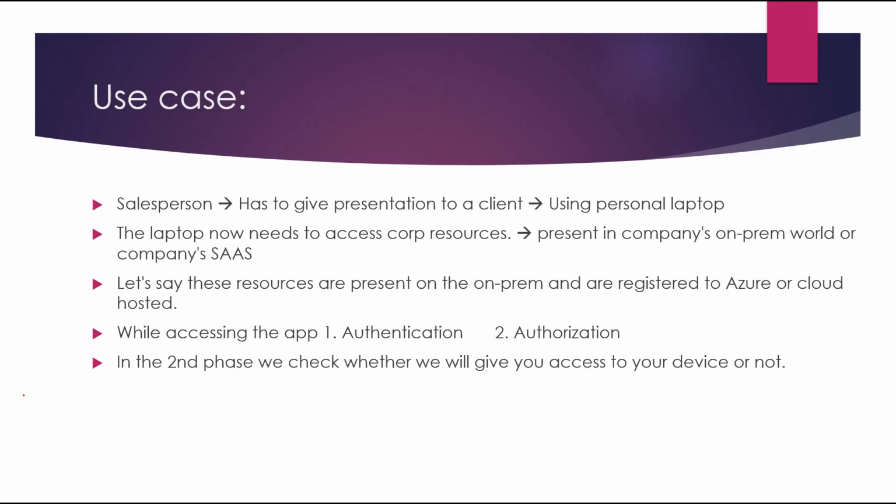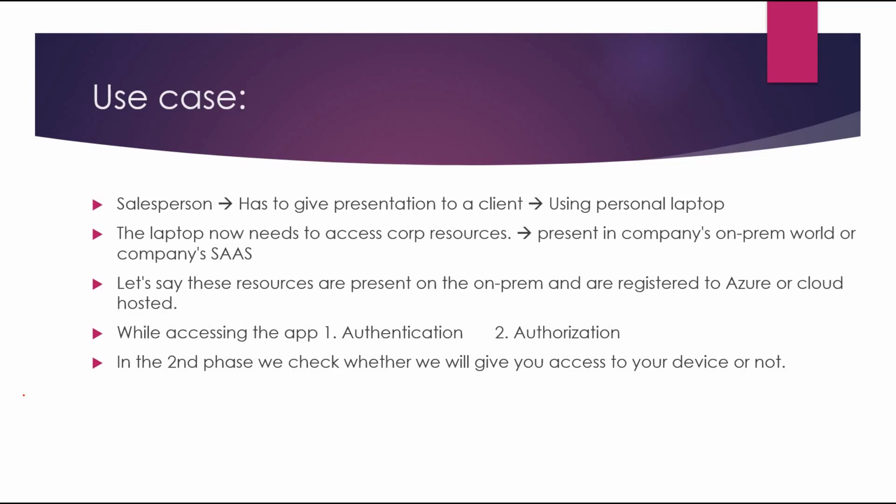Therefore I will have to make sure that my device is registered with Azure. Only then would I be able to access the application, which in this case is related to a document in Azure, made by my on-premise admin, or owned by my organization.